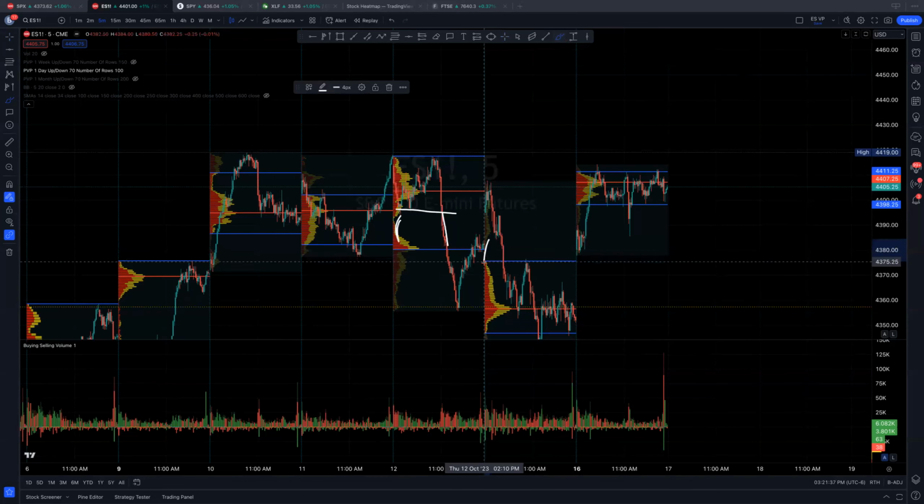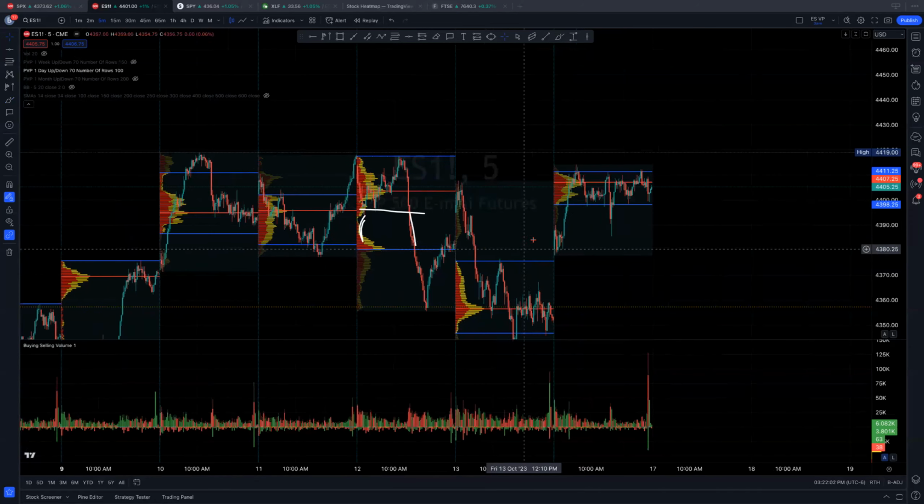But you can use the high volume nodes and the low volume nodes as price acceptance or rejection. I'm sorry, I was looking at my phone. Usually, price tends to just run through these low volume nodes. Like we saw it happen today.